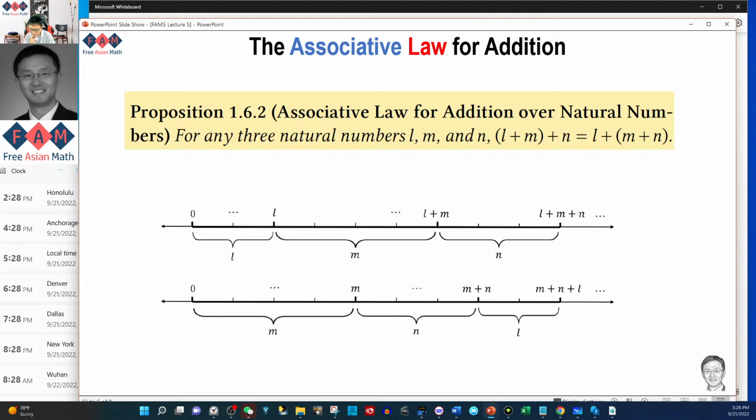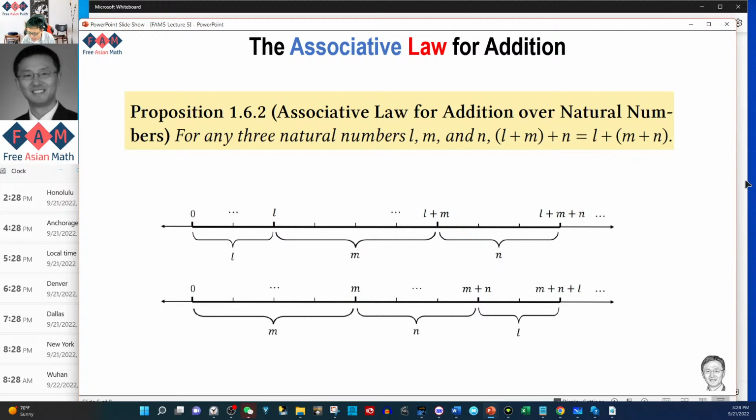Okay? So what is L plus M plus N, with M plus N grouped? This is quite difficult, okay? Because we use parentheses to change the order of our operation, in this case, you have to evaluate M plus N first.